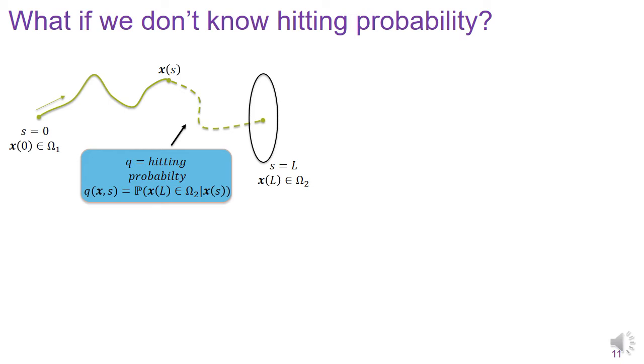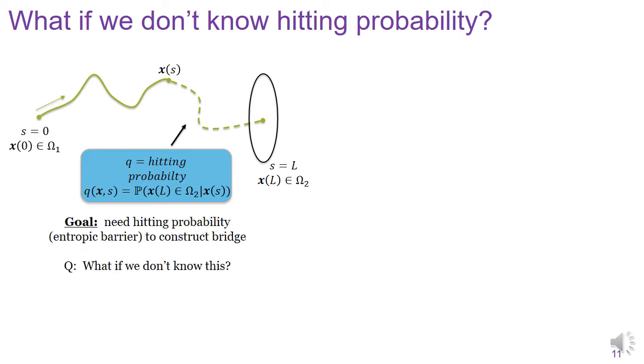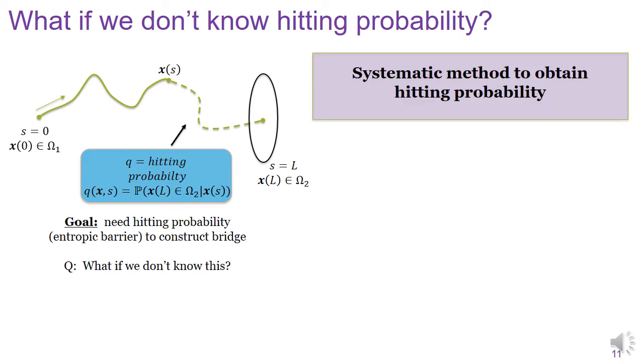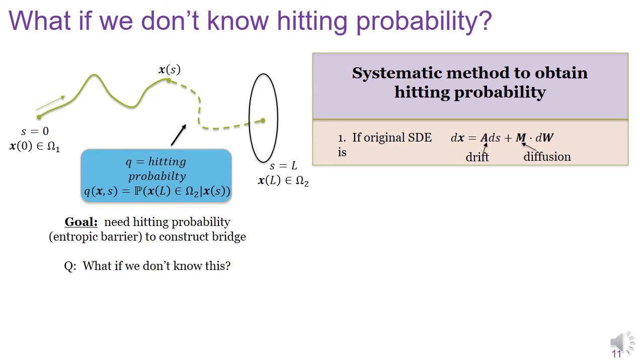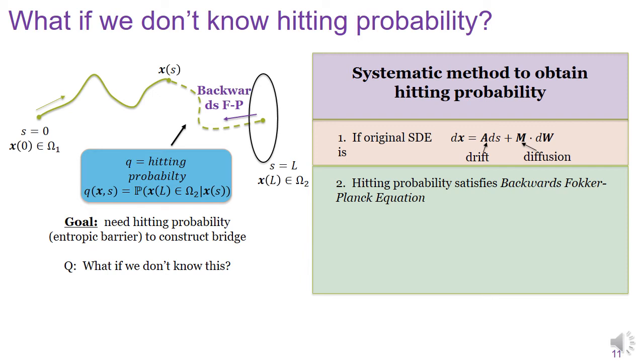Now, in most situations, the hitting probability is not analytically known. What should we do? We came up with an approach to calculate the hitting probability. Again, we first recall the original stochastic differential equation. It turns out the hitting probability satisfies the backward Fokker-Planck equation, described as follows.